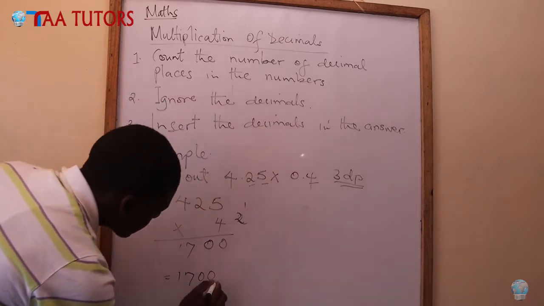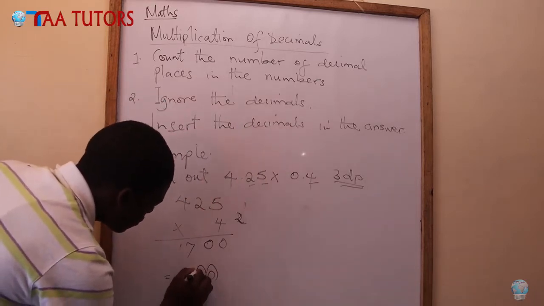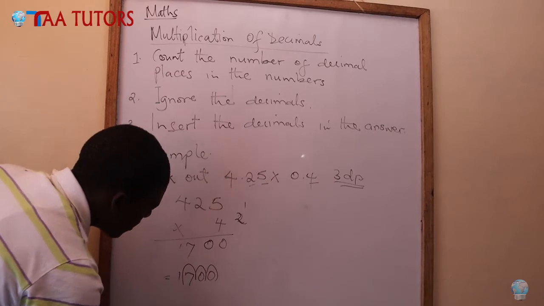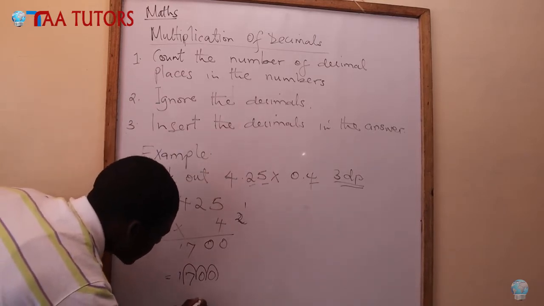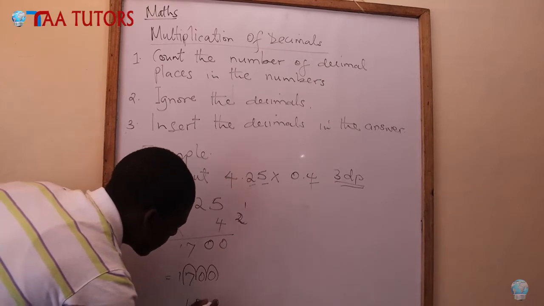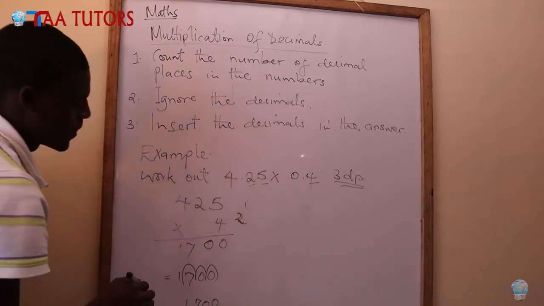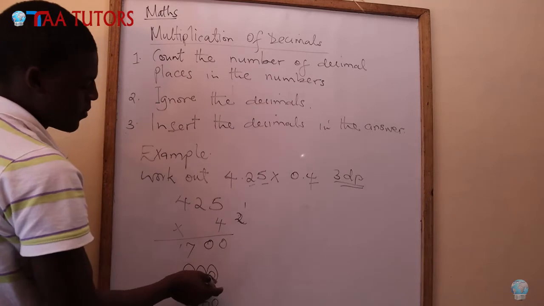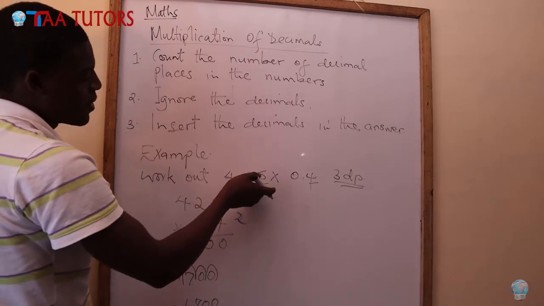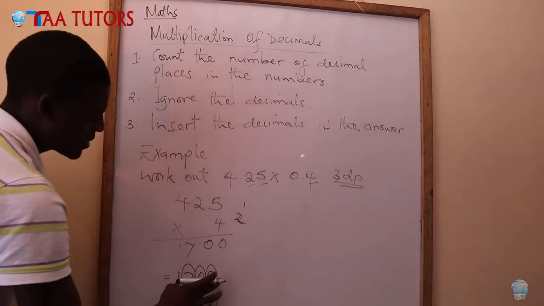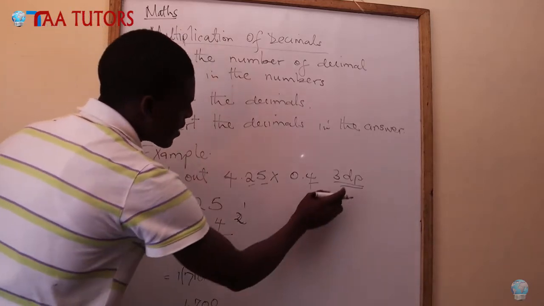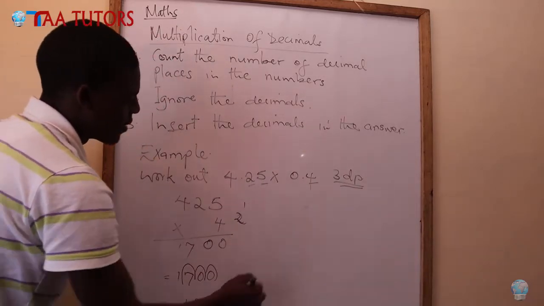So we count 1, 2, 3. Our answer here will be 1.700. We are inserting the 3 decimal places because the numbers we were to multiply had 3 decimal places. So when we are finding the answer finally, we always include the number of decimal places we ignored.